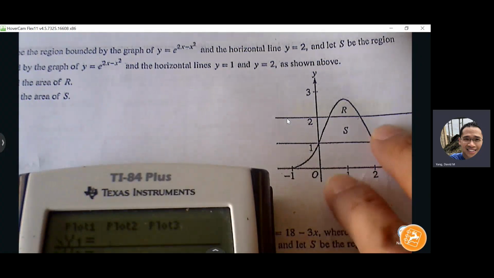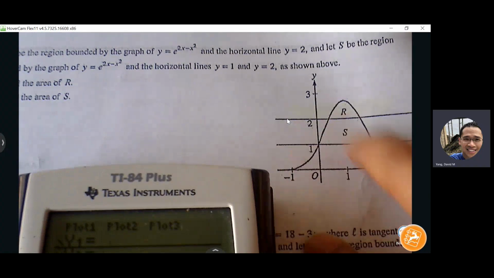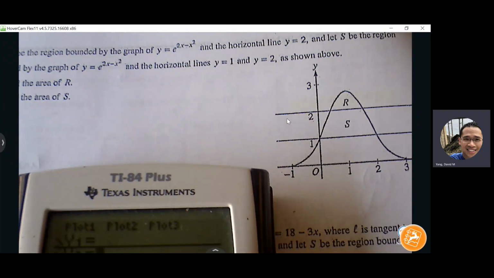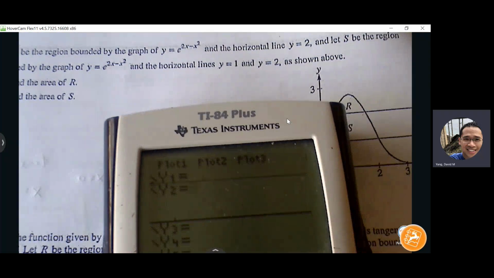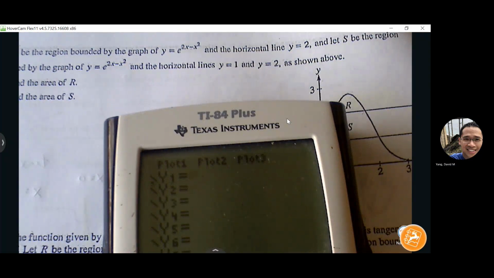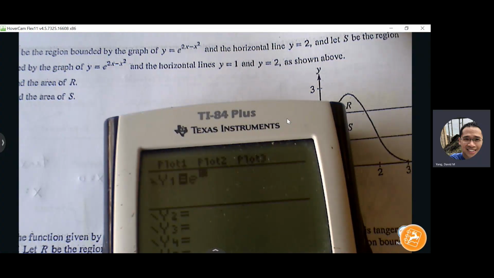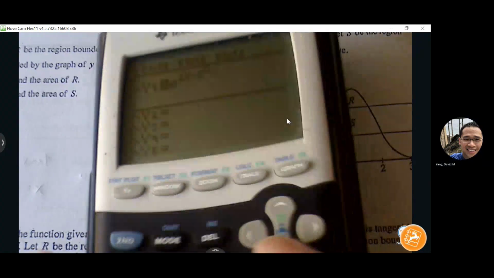Okay, so let's find the area of R. So what we can do is we can find the intersections between y equals 2 and the curve, and that should be pretty straightforward. So let's go ahead and type in our equation here. Y equals e to the 2x minus x squared.